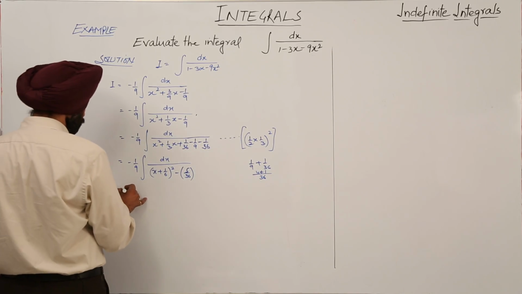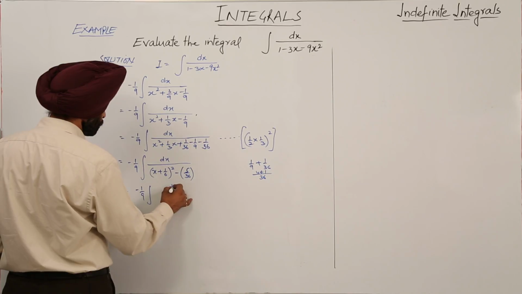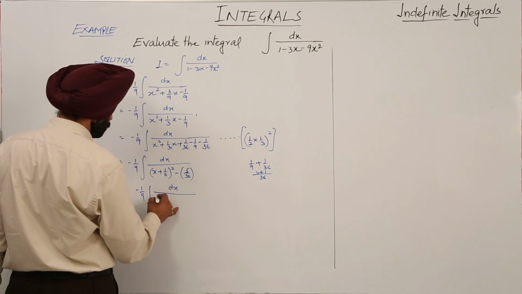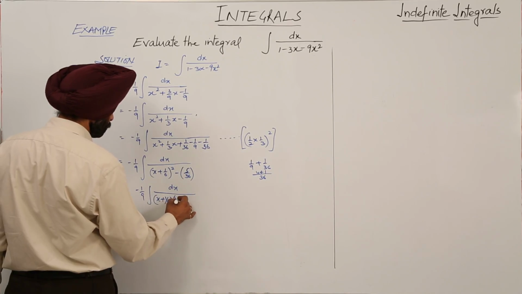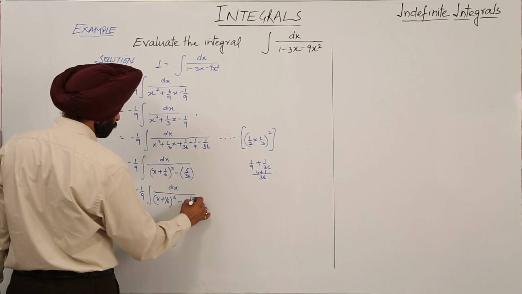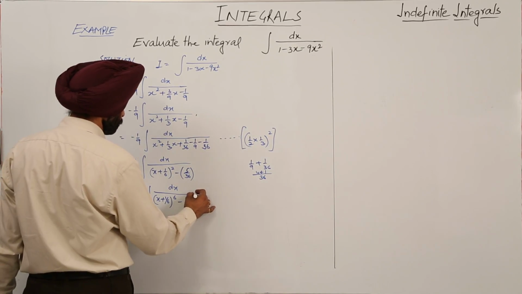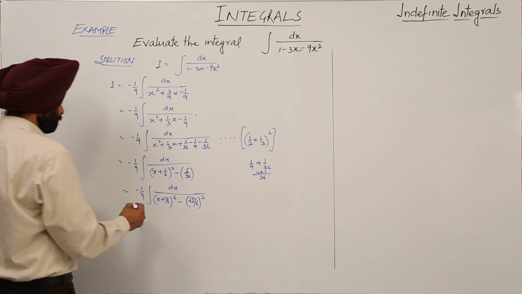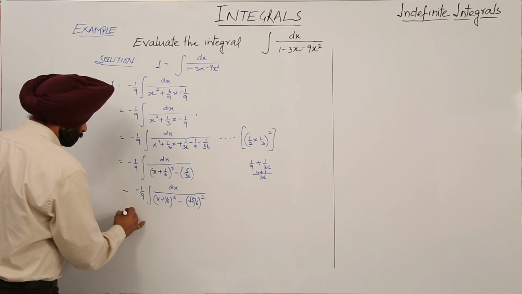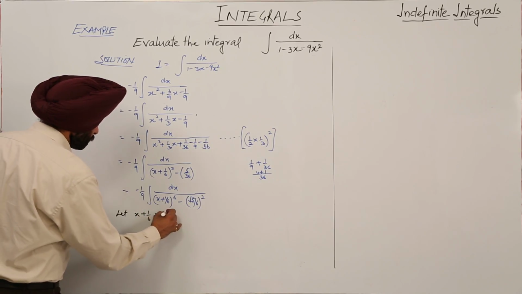Now this becomes minus 1 by 9, dx upon x plus 1 by 6 whole square minus root 5 by 6 whole square. Now let x plus 1 by 6 is equal to t.